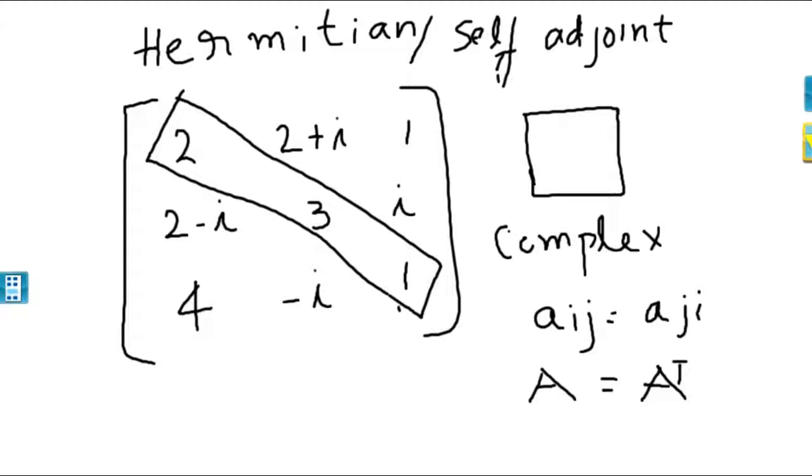A Hermitian matrix, also known as a self-adjoint matrix, is a square matrix with complex entries which is equal to its conjugate transpose, or in other words, for each element Aij equal to the conjugate of element Aji. In a Hermitian matrix, all the diagonal elements must be real numbers.